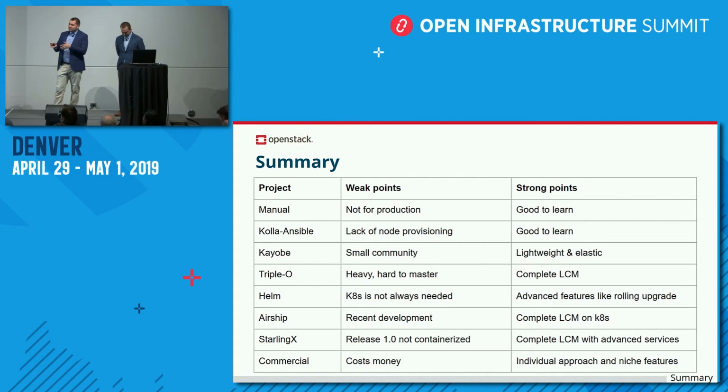What Kolla Ansible does not provide, I mean the bare metal stuff, is in the Kayobe project. Well, we have TripleO, a mature project from the community. It's a complete lifecycle manager. And we have Helm, which is used in Kubernetes-based clouds.